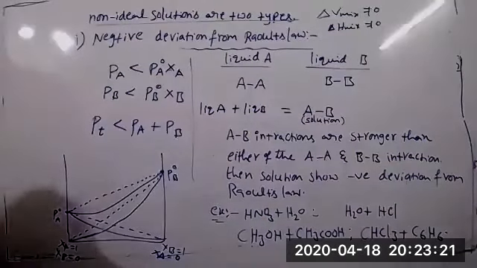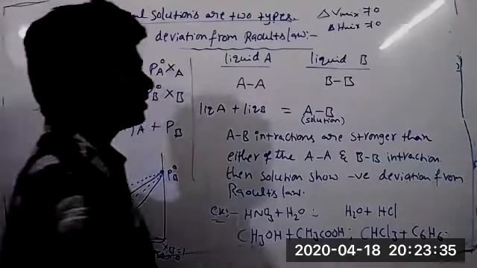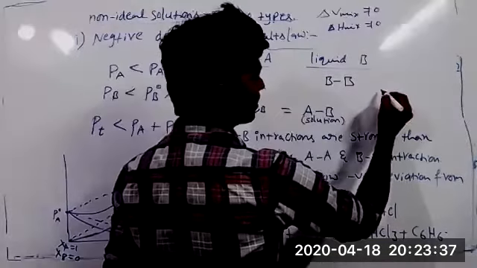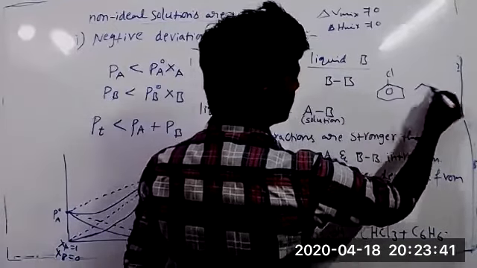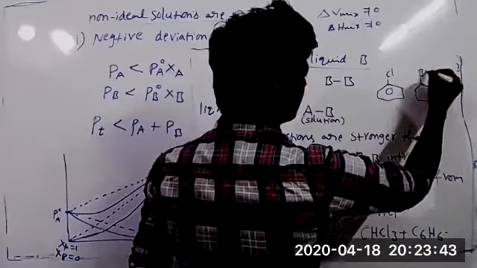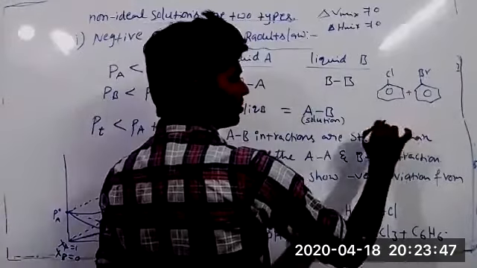Sir, is it possible that a solution is exactly ideal, like the volume of mixing is exactly 0 without any change? Yes, it happens. Suppose you take benzene and toluene, or chlorobenzene and bromobenzene. If you take their mixture, its volume does not change.